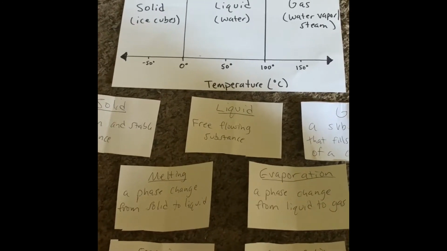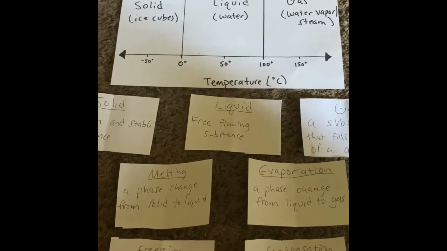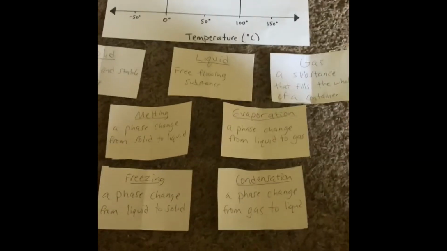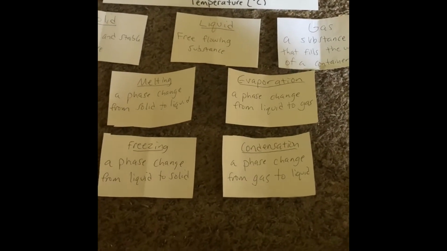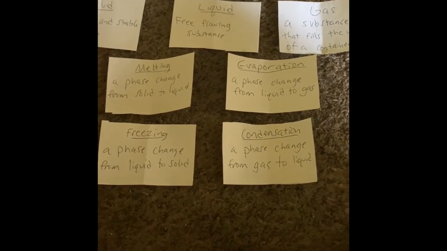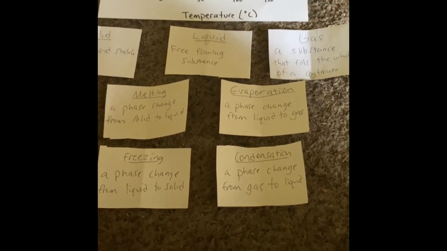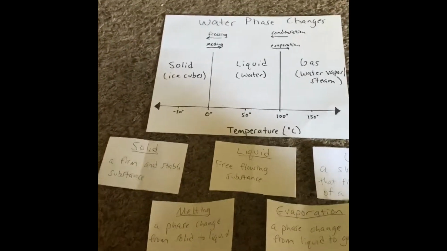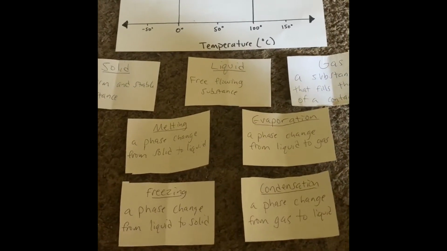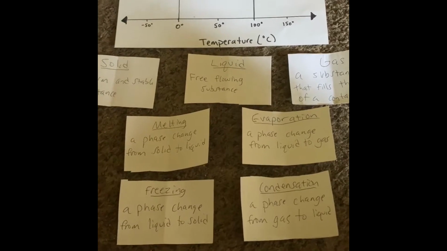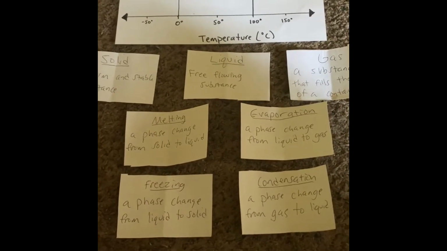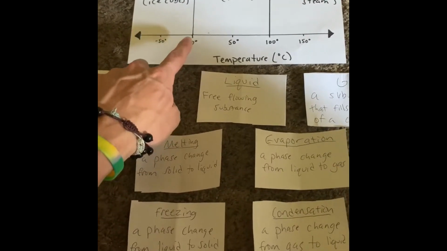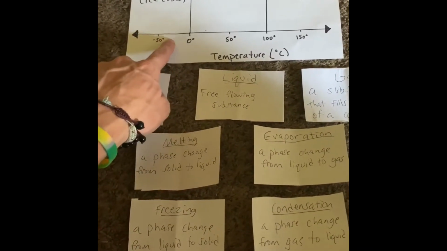And from there, I can get into some more higher order thinking questions. For example, I would ask, can somebody take a guess, an estimation of what temperature is inside the freezer where we find the ice cubes? Hoping that they would see this chart and know that it would have to be somewhere less than 0.